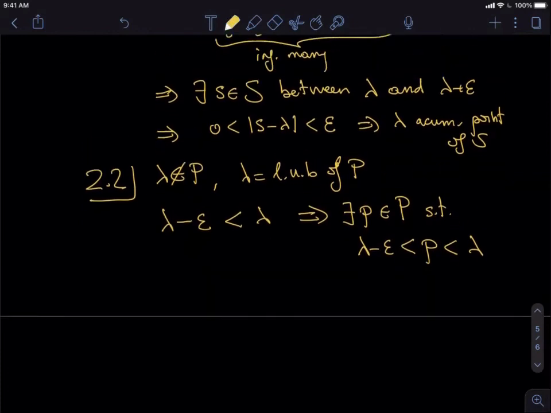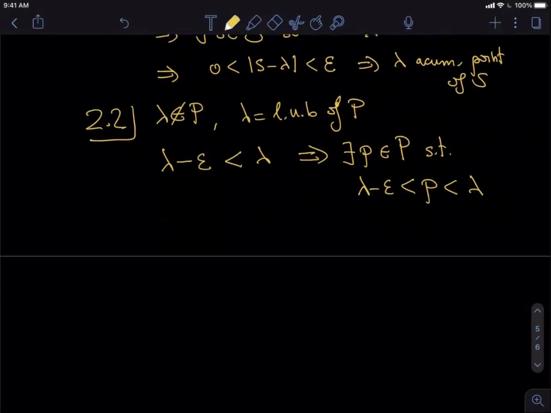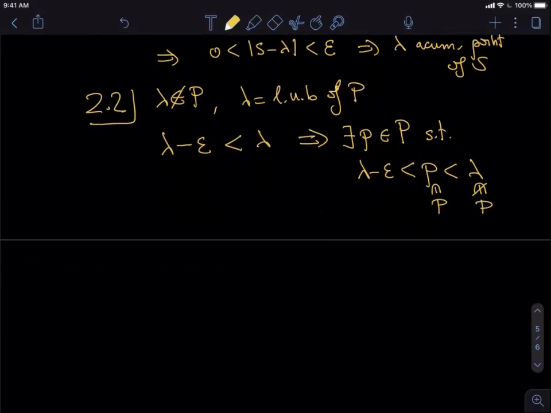But now, notice what happens here. We have our p that is in capital P, we have our lambda that is not in P, and we have our lambda minus epsilon that we don't care about. It's a similar situation to before. We have our p, we have our lambda, and we have our lambda minus epsilon. Let's put it somewhere here.